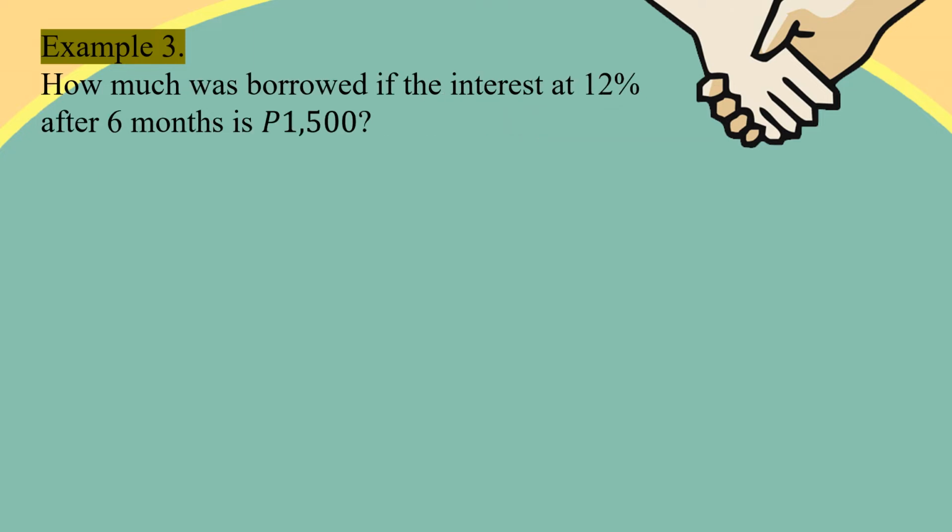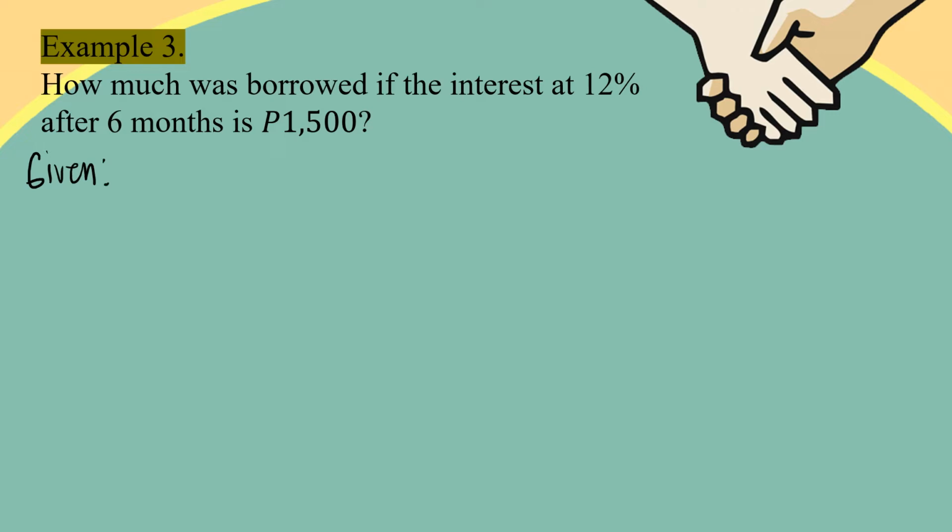Okay, next. How much borrowed if the interest at 12% after 6 months is 1,500? Okay, so magkano daw yung hiniram? So, ang nawawala ngayon ay yung principal amount. Diba? So, ano-ano yung given?